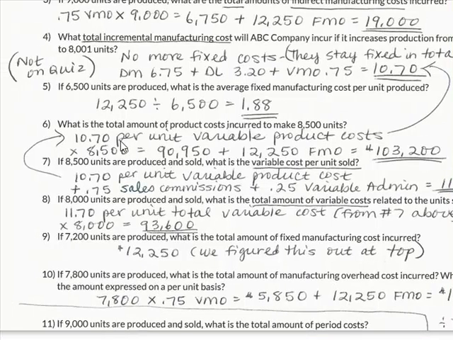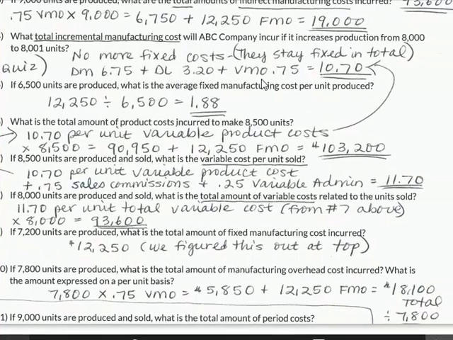In question 6, we're asked for the total amount of product costs incurred to make 8,500 units. This is just product costs, so we're only looking at manufacturing costs, and we want the total. We already figured out up here in question 4 that our variable product costs total $10.70 per unit.